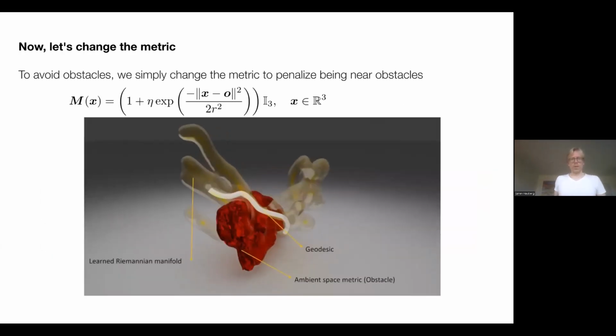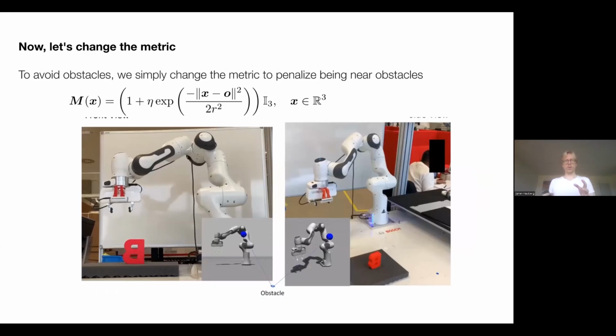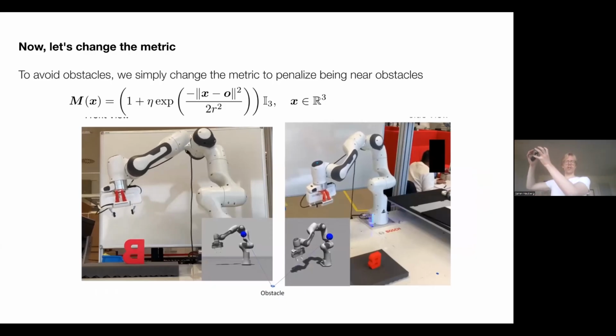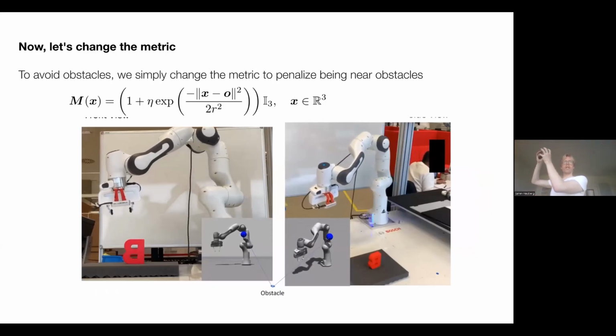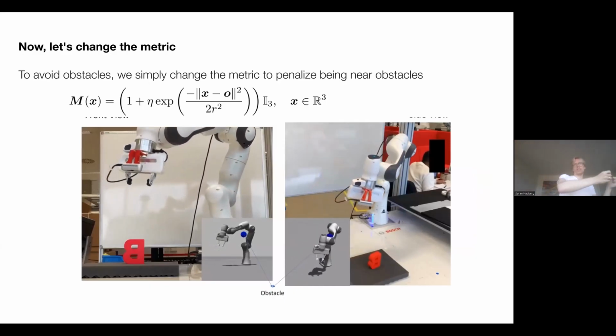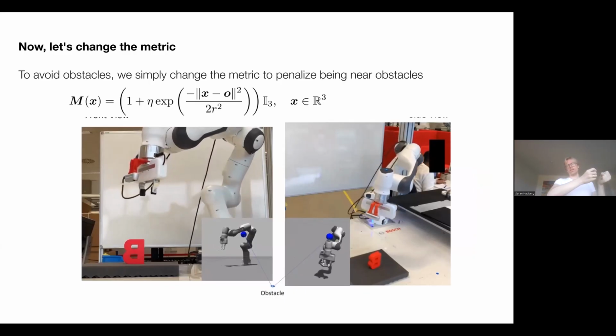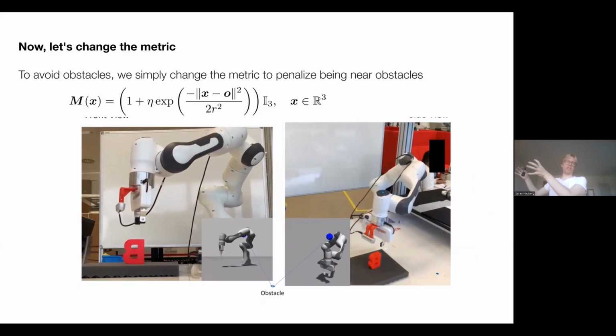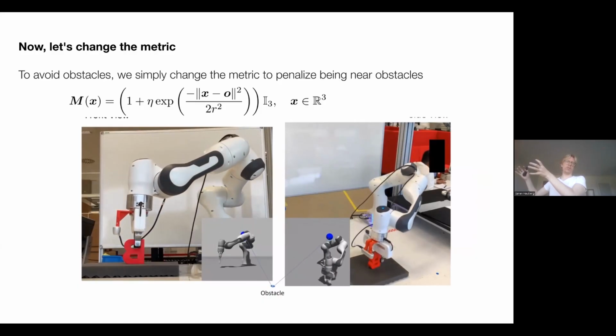Okay, but what's really cool about this approach is that we are assuming that we have a Euclidean metric in the observation space, and we're bringing this metric into the latent space. But we can replace this metric with any other metric that we care about.